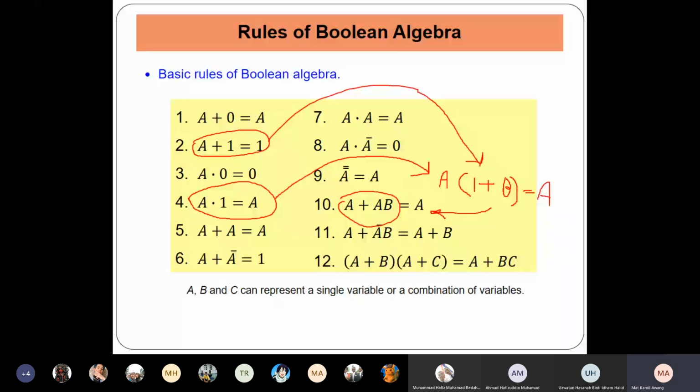What about number 11? A or A bar B is also equal to A or B. How? Which rule do you use? Rule 5, or 6.